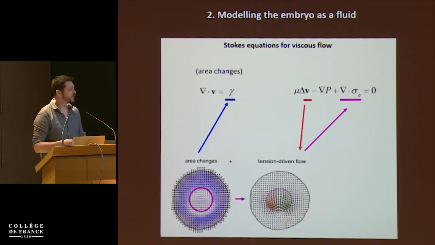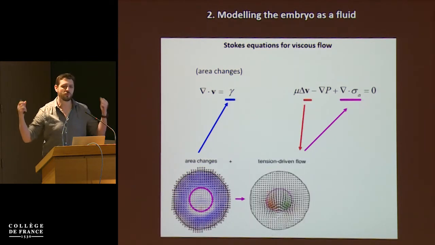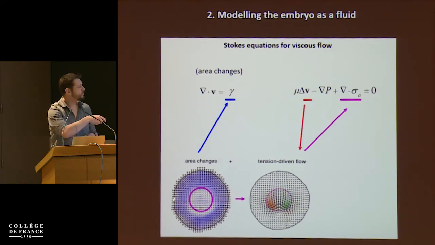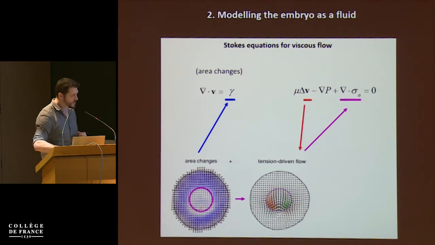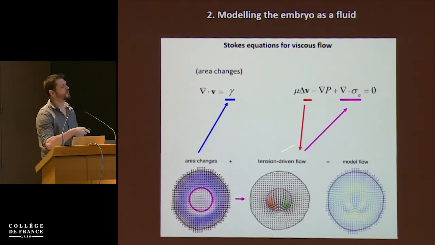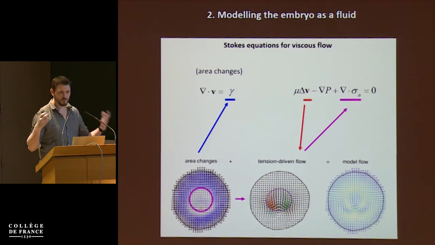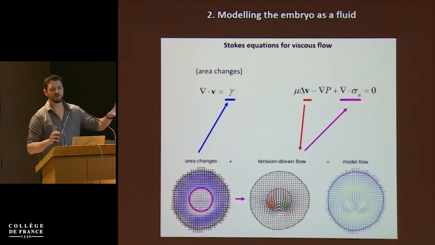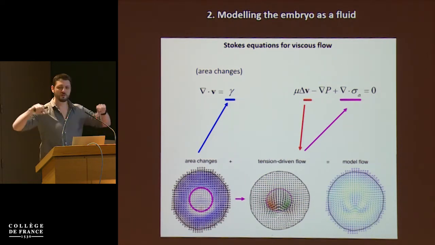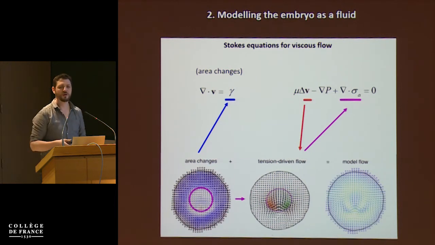Then we can get an idea of what the flow would be if it is driven by a distribution of active forces which is more at the posterior and less at the anterior. And this will give us the overall modeled flow. So the take-home message here is that we treat independently the area changes and the fluid, which will be driven by a tensile margin, as depicted in magenta.